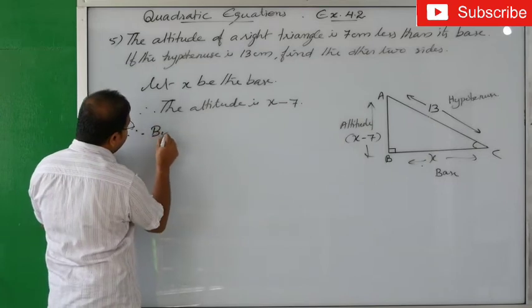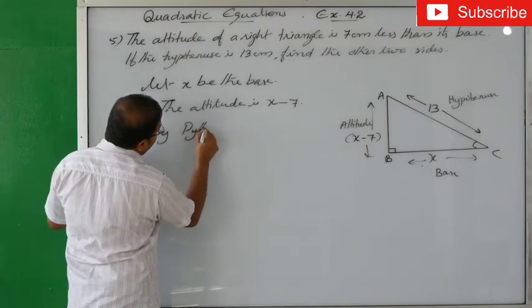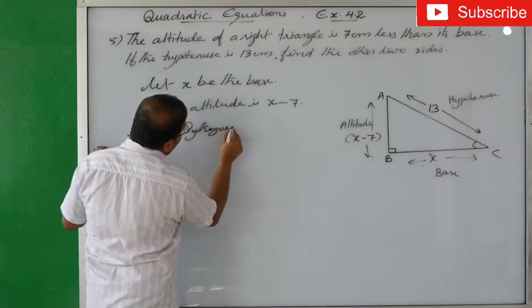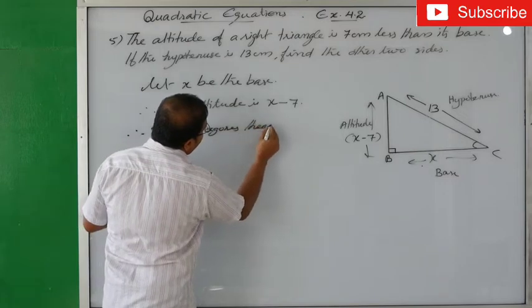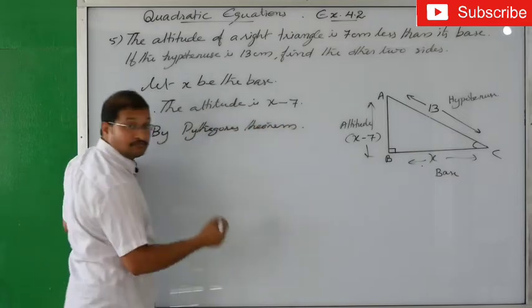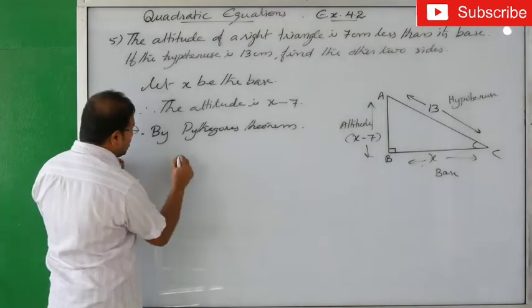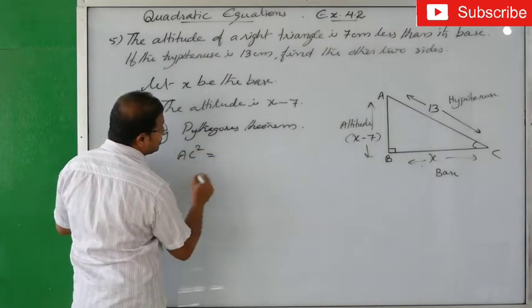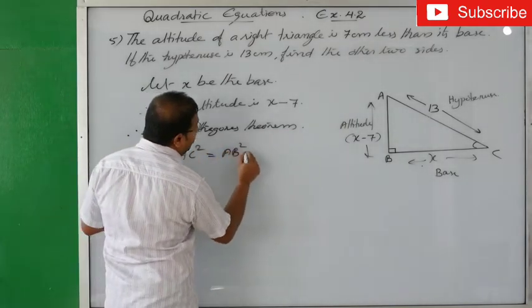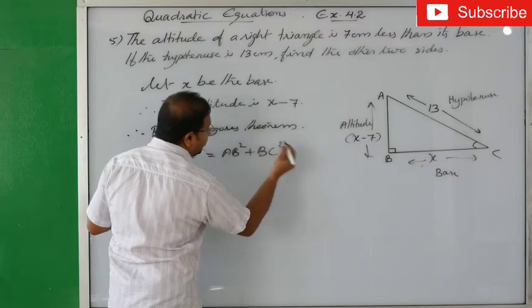Therefore, by the Pythagoras theorem, longest side square, that means AC square equals AB square plus BC square.